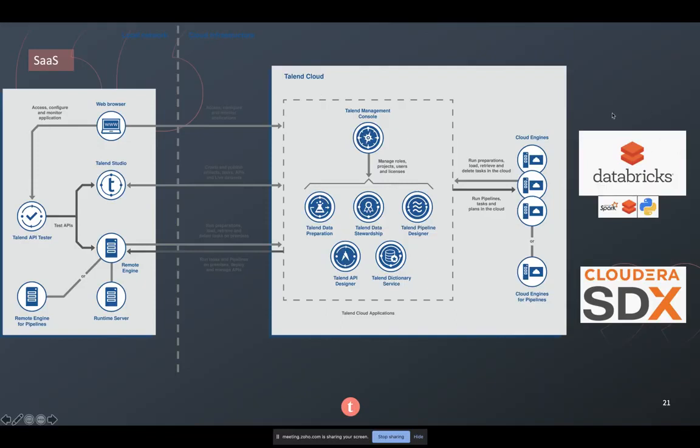And what is even more appealing, and it applies also to Cloudera, is that they realized that it's very important that data management platforms work together with the data science world.